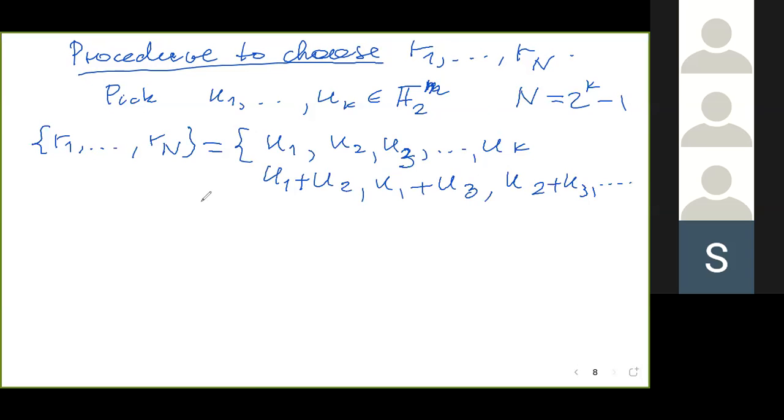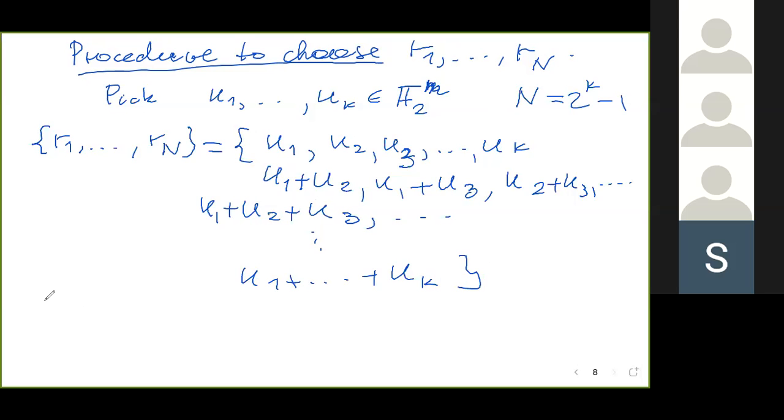Then we put all the sums of triples. And so on. And the last vector we put is the sum of all of them. So in total, we obtain all possible non-trivial sums, and the total number of sums is 2 to the k, but we exclude the trivial sum, which is 0. And so we obtain 2 to the k minus 1.